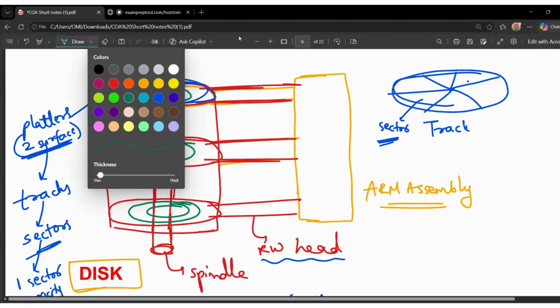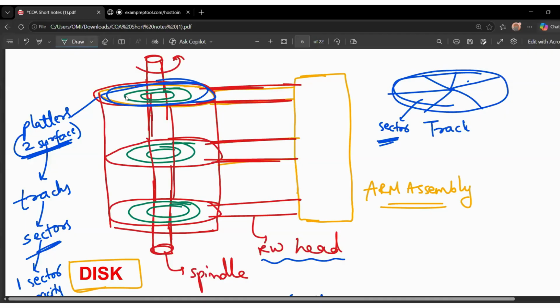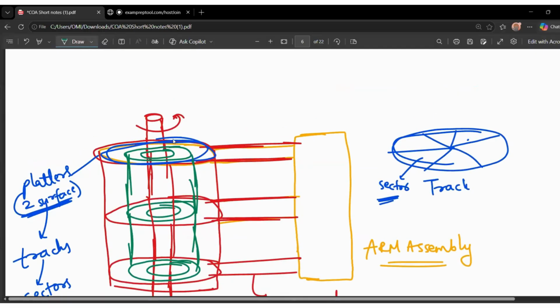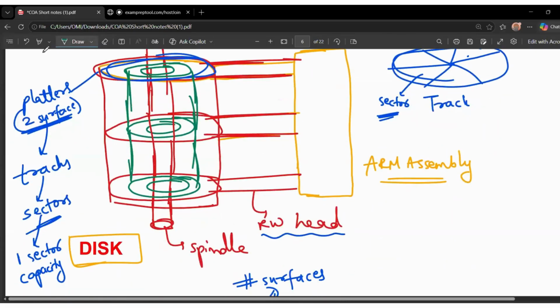But now if you pick this same radius track, that is the cylinder, right? See, these are the cylinders. Same radius track.